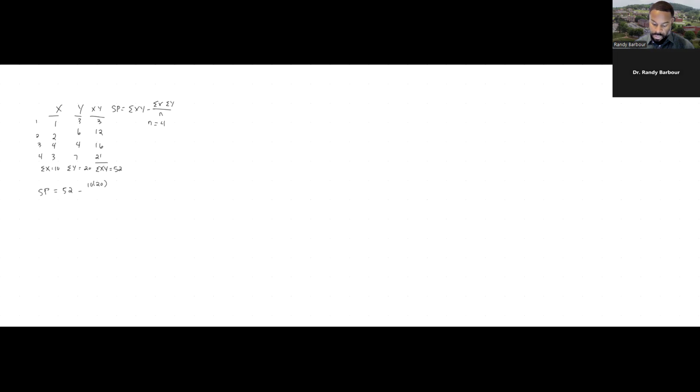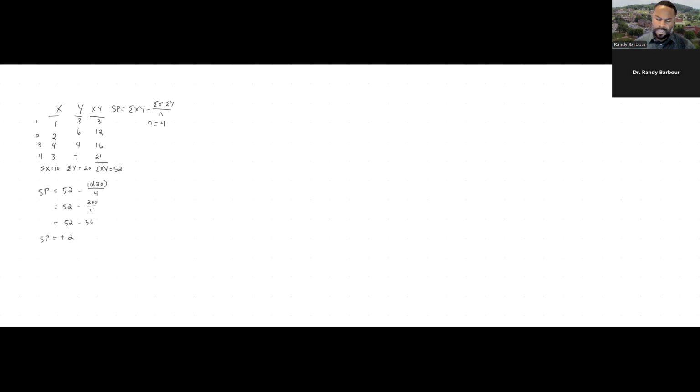So what you should get is 52 minus 200 divided by 4. So that should be 52 minus 50. So SP should equal plus 2.